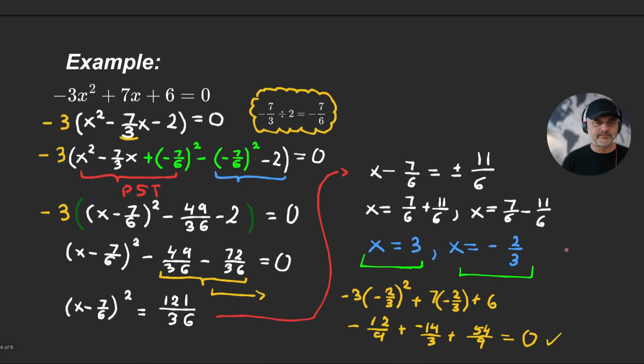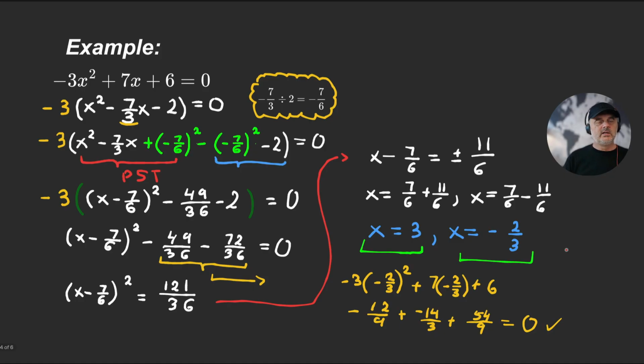Next example, with a perhaps more challenging situation, because we have a negative coefficient a. But whether this is negative or positive, your first order of business is to extract that coefficient entirely from the entire equation, so that you have 1x squared with a positive sign in front of it.